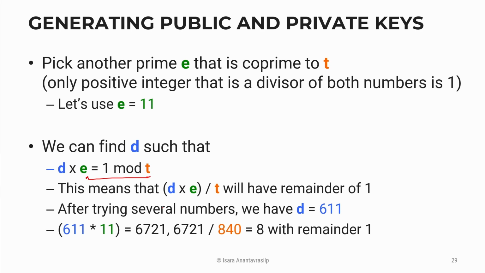After trying several numbers, we have D equal to 611. Now we have 611 multiplied by E, which is 6,721. Now, we divide this number by 840, which equals 8 with a remainder of 1. So now we have D that has such properties.